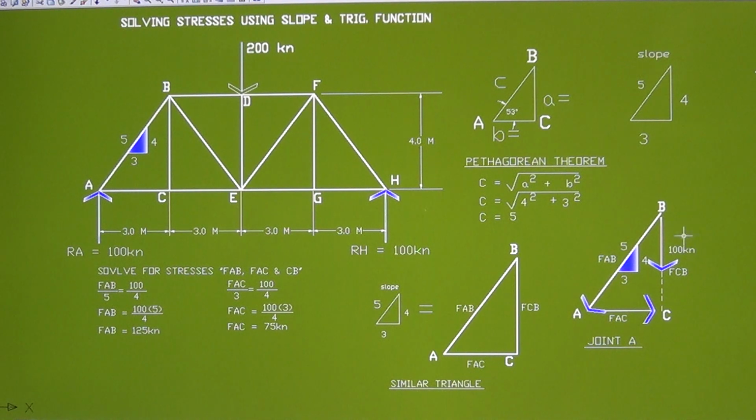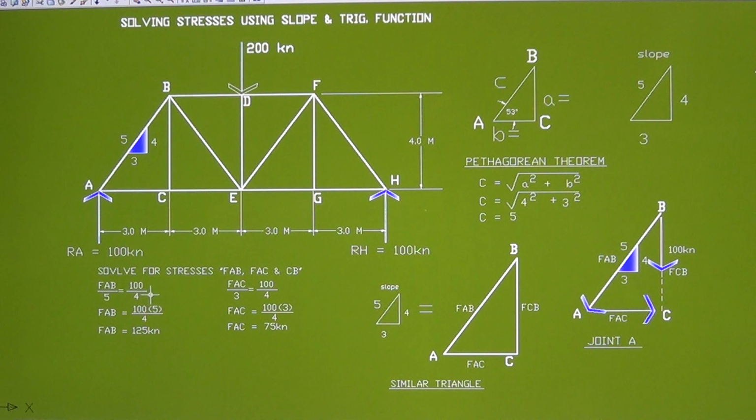So that's your known value, 100. So this FCB here is 100. So equate FAB over 5, that's the incline, to the vertical, which is 100, and for the slope, the vertical is 4.